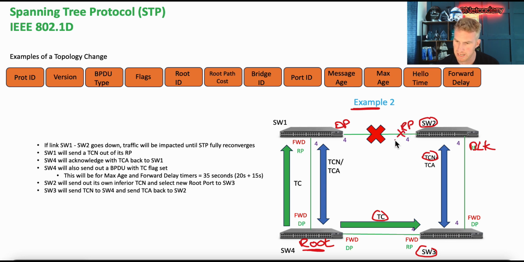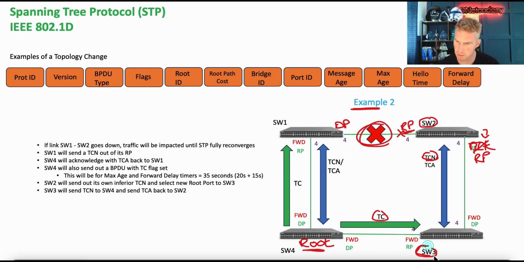This used to be its root port, but now all of a sudden it's disabled. But it knows it's got this interface here, and this interface is no longer going to be blocking. It's actually going to assign this as a root port. As such, it's going to send out of its root port a topology change notification, i.e. this interface here has gone down.